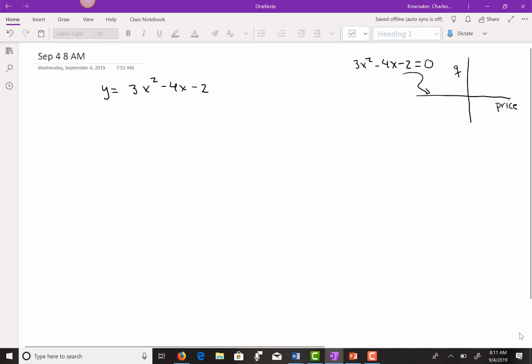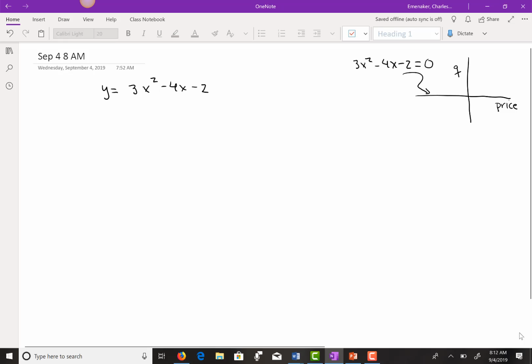Find the x values where it equals 0. What is the maximum number of solutions this equation can have? 2, because the highest degree is 2. Remember, if it's a degree 5, the highest power is 5. The most answers you can have is 5. If it's degree 2, the most answers you can have is 2.